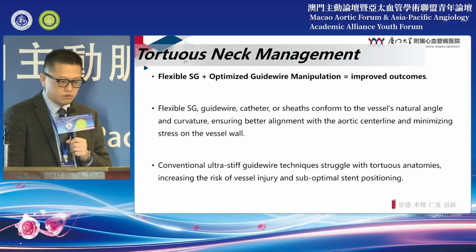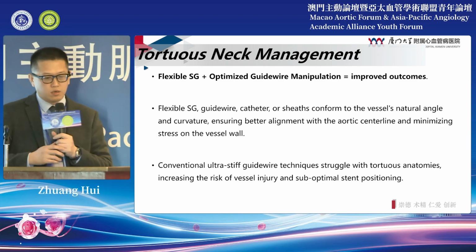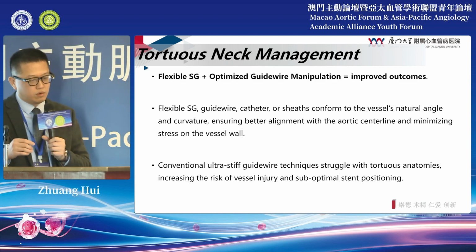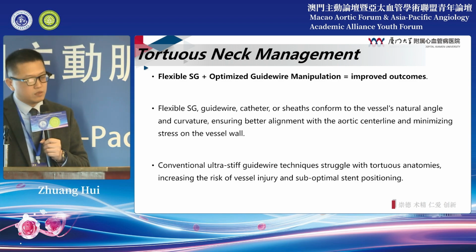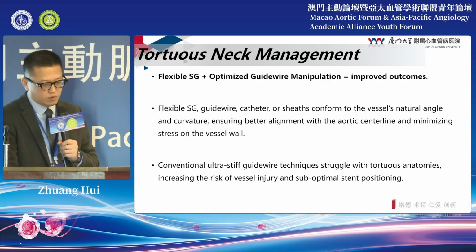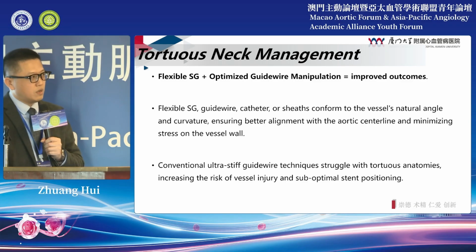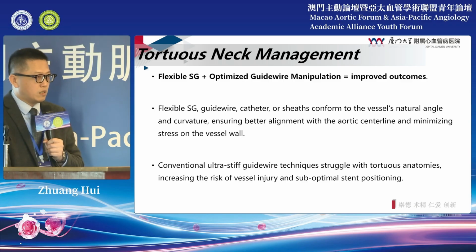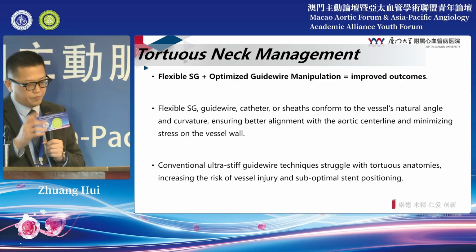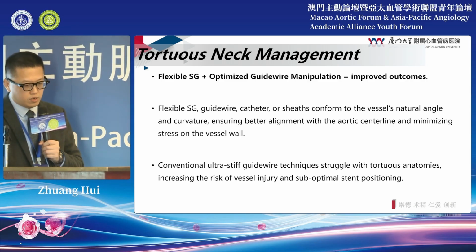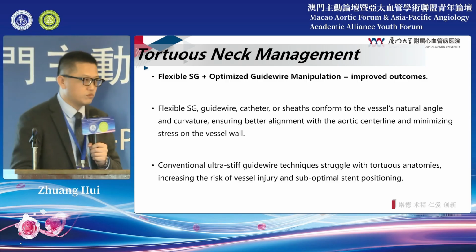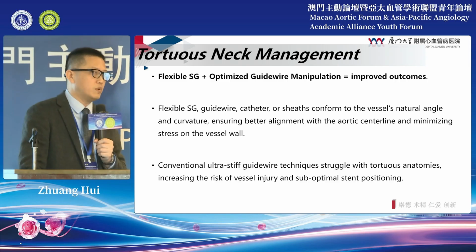And we also know that for those tortuous neck management, we always need to first build the stent graft and optimize the guidewire manipulation to improve the outcome. But as we always know, we like to use the ultra-stiff guidewire techniques to solve those tortuous anatomies, because it makes the graft deploy stable.